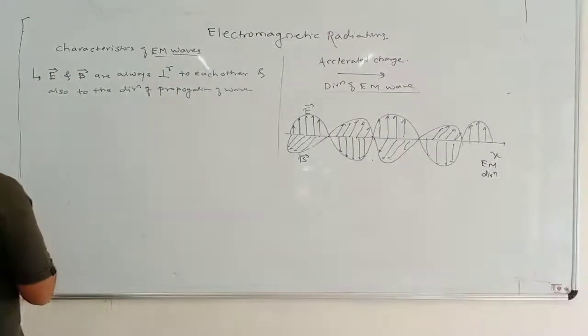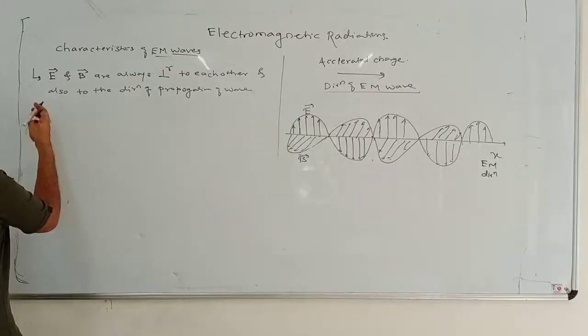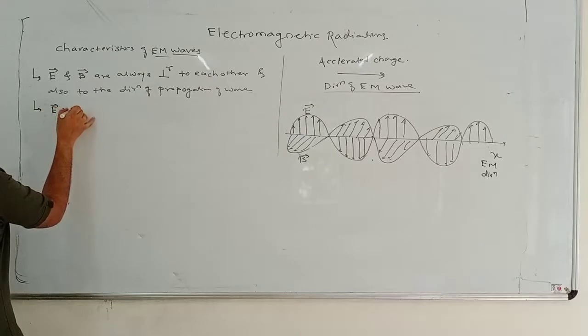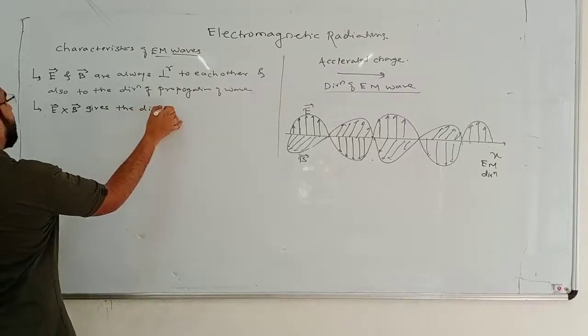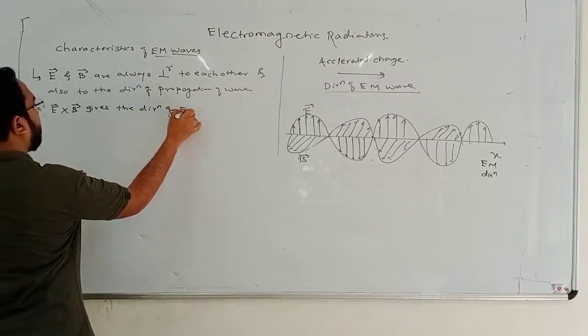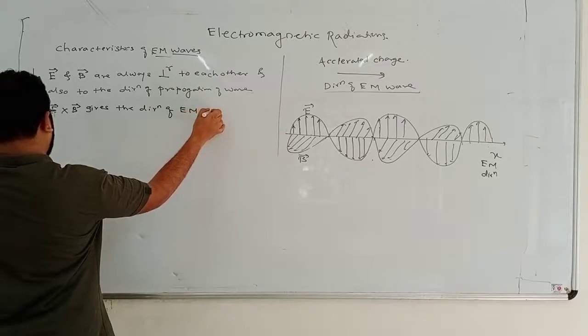So the second point: vector E cross vector B gives the direction of electromagnetic wave.